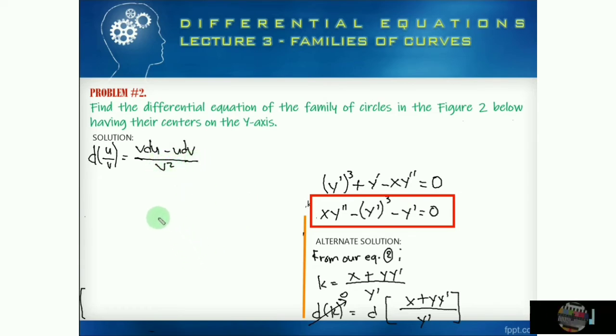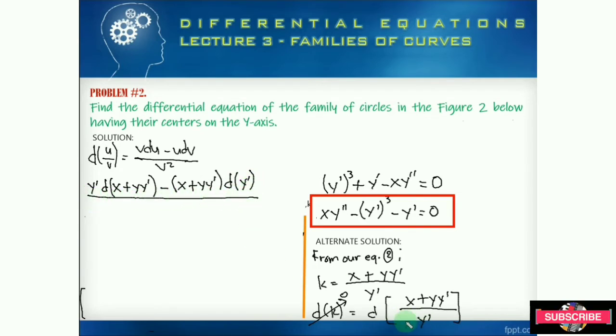Using this, this is our u and this is our b, so we can say y prime times the derivative of u, which is x plus y, minus u, again x plus y, times the derivative of b, where our b is y prime, all over b squared, so y prime squared.